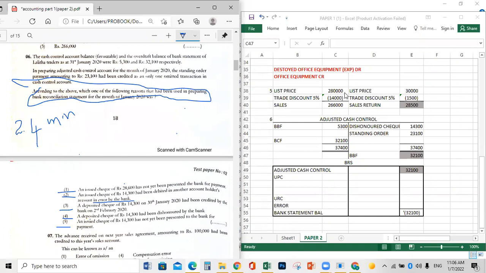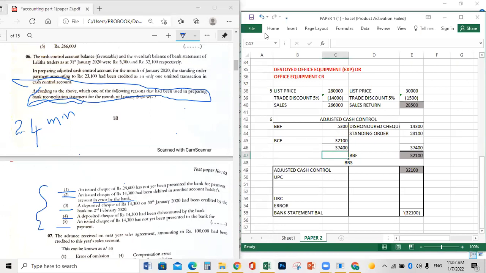It is adjusted cash control. Even though you get the same value, you can't take this as the answer because they specifically told you it's only bank reconciliation statement.